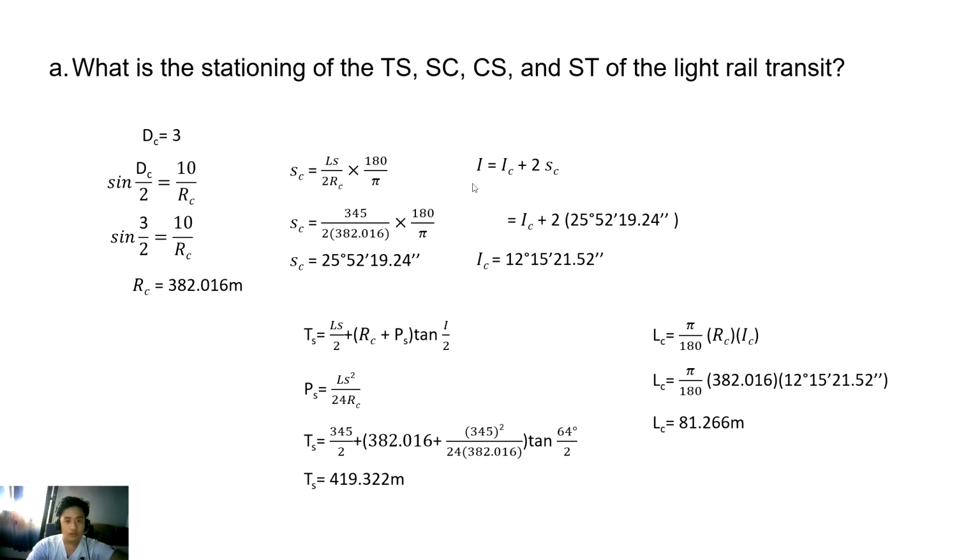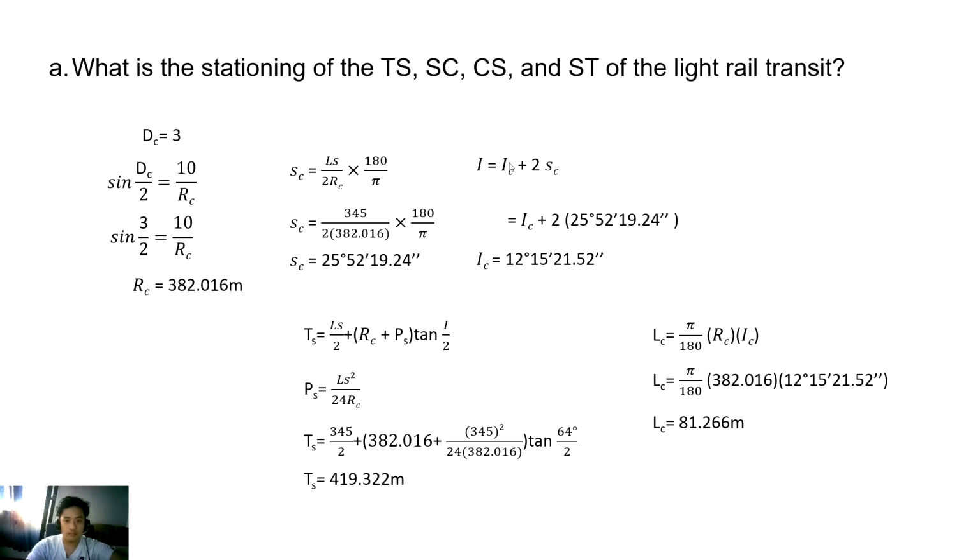To get Ic, we're going to use I equals Ic plus 2Sc. What is Ic? Ic is the angle of intersection of the simple curve. To get it, we derive it. Our Sc here is 25 degrees, 52 minutes, and 19.24 seconds.